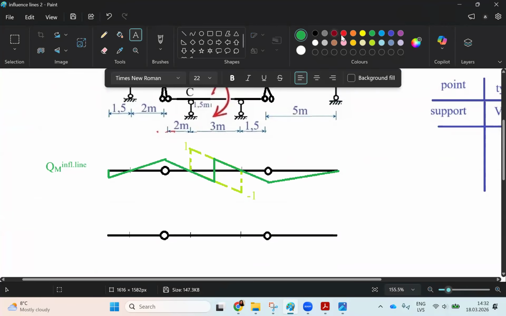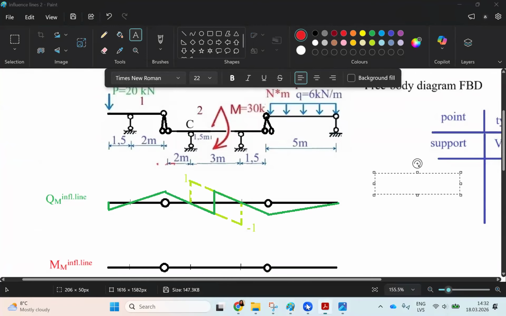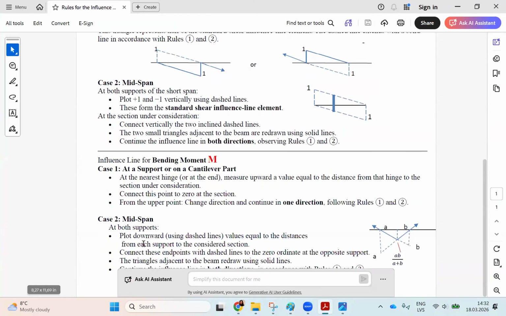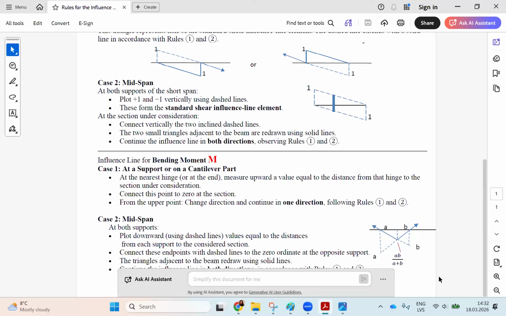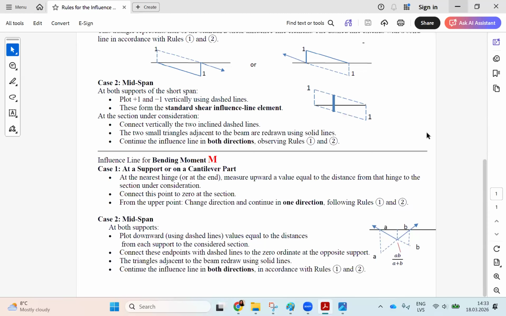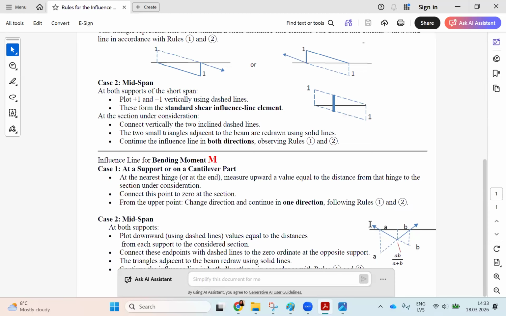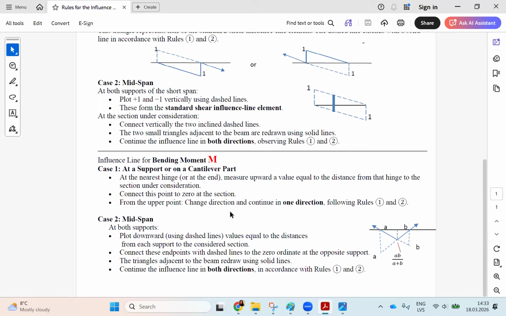But the bending moment, let's draw that. The influence line for the moment at the point M. We can read the rules here. You can stop the video and read the rules. So plot downward. Always start downward with the picture like this.